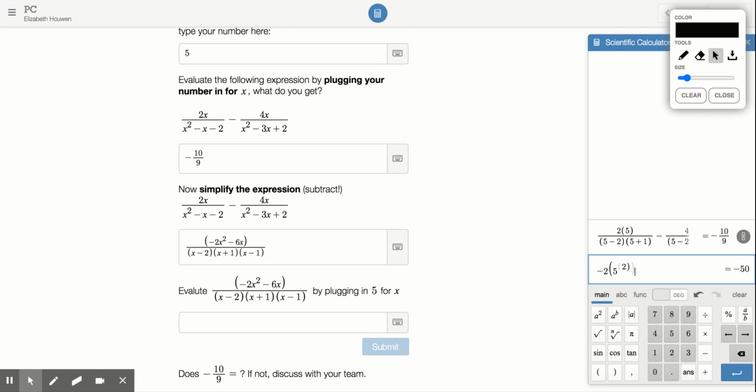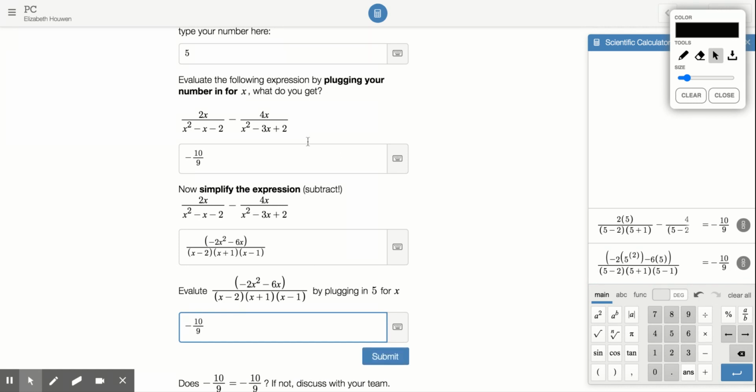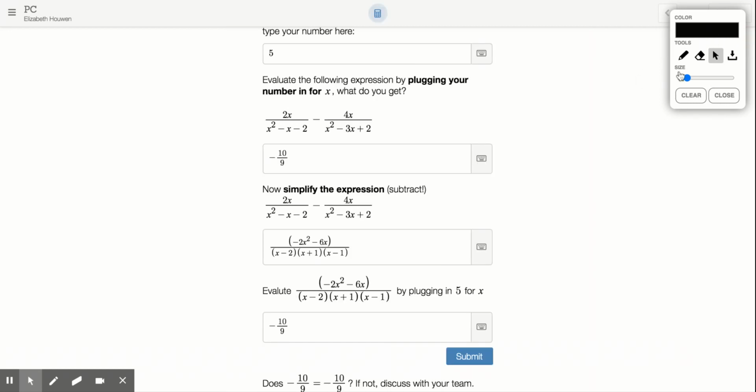So I have 5 squared minus 6 times 5, that whole thing divided by 5 minus 2, 5 plus 1, and 5 minus 1. As you can see, I got the same answer when I plugged 5 into the original problem and when I plugged 5 into the solution that I had gotten.